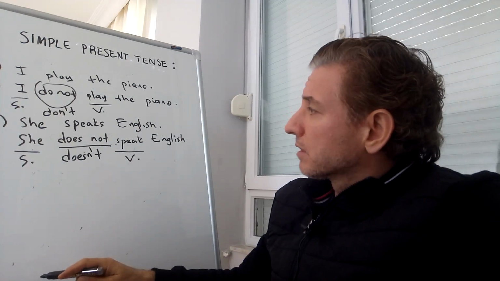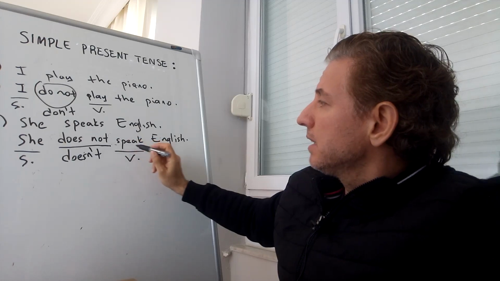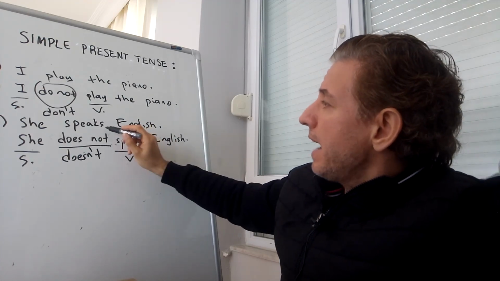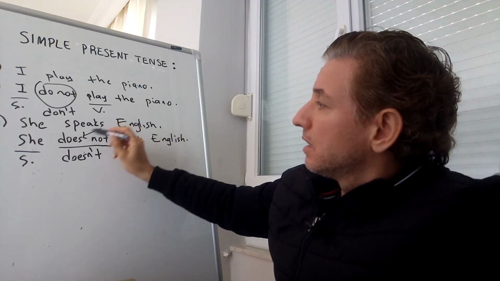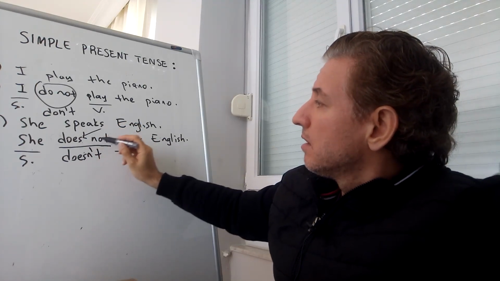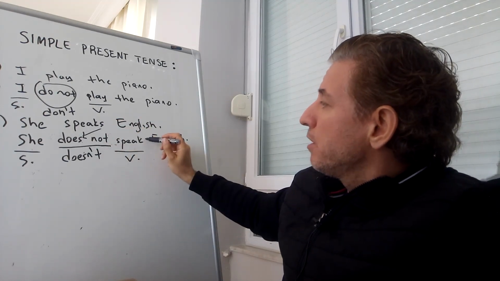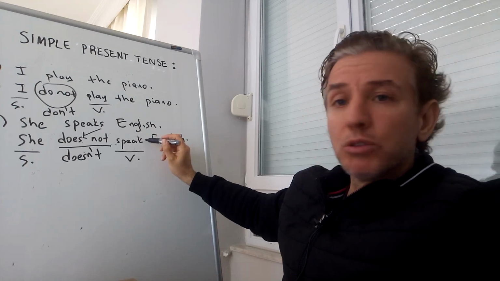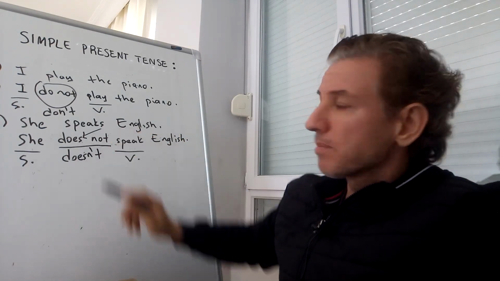There are two differences. First, we used here does not. The second one is S comes here. She speaks. She does not. S comes here, but look here, they are not the same. So we omit S here, okay? We don't use another S here because S comes here.